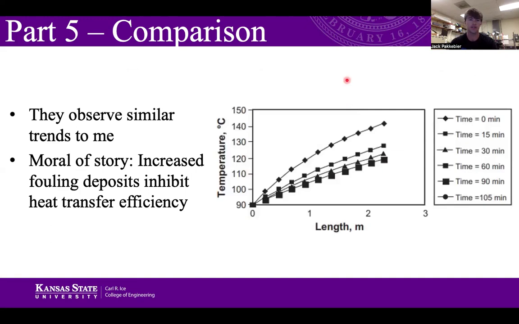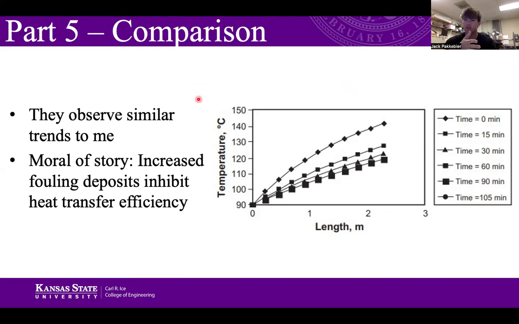Finally, looking at some of the results that I can directly compare to, they observed similar trends to me. So again, the moral of the story, increased fouling deposits will inhibit the heat transfer efficiency.